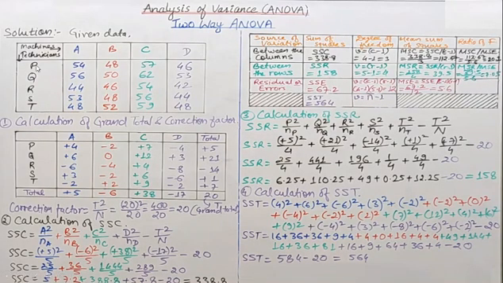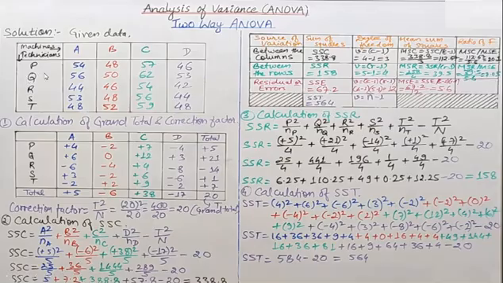So the degree of freedom of P is 1, 2, 3, 4. Similarly, the value of Q is 21, so Q square will be 21 whole square, and the value of NQ is 4.